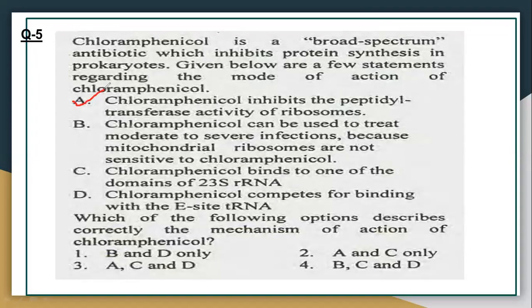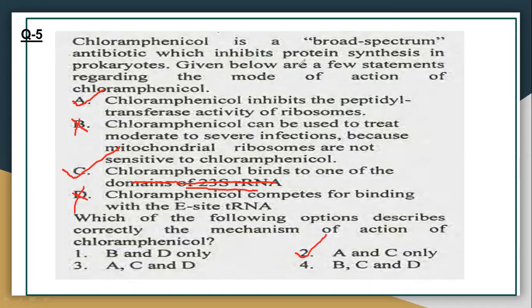Chloramphenicol is a prokaryotic translational inhibitor, and it binds to the domain of the 23S rRNA subunit of the ribosome, right? Option B is not correct. Chloramphenicol competes for binding with the E site of the tRNA? No. So the answer will be A and C.